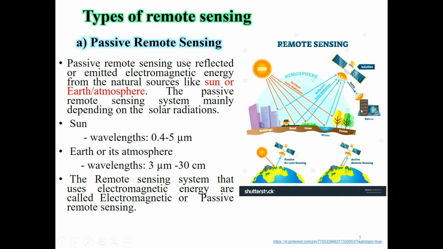Then the server does the processing and tells you what the object is. This is how it works for passive remote sensing.